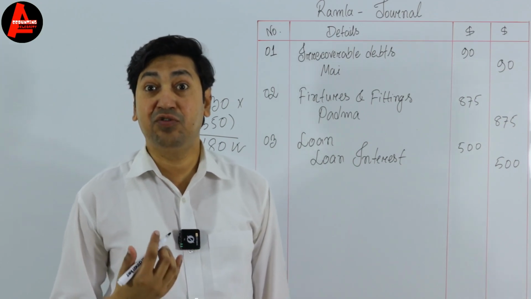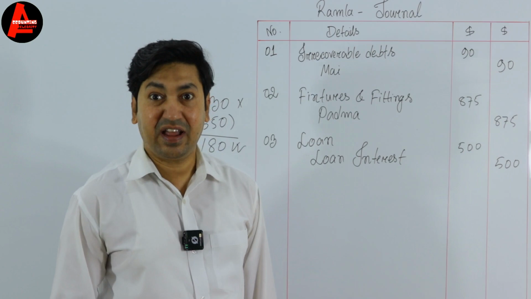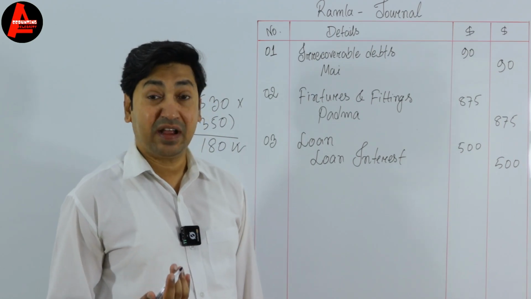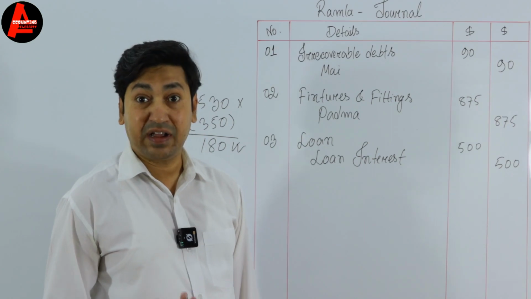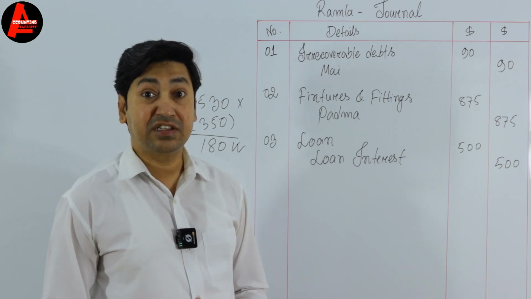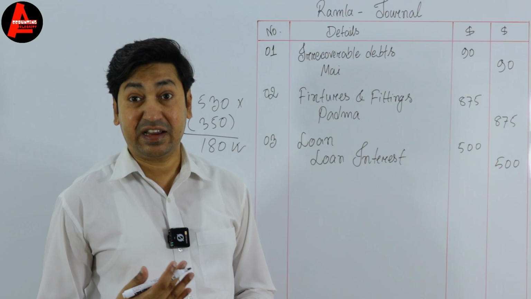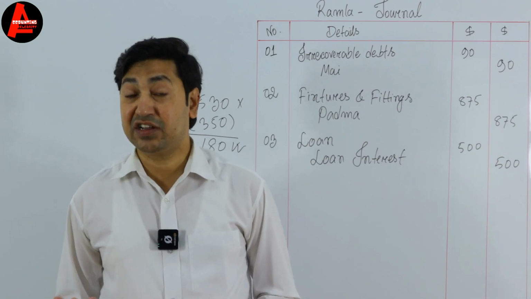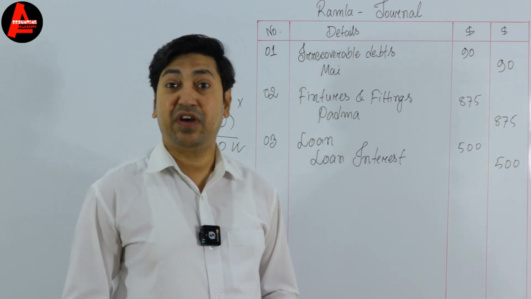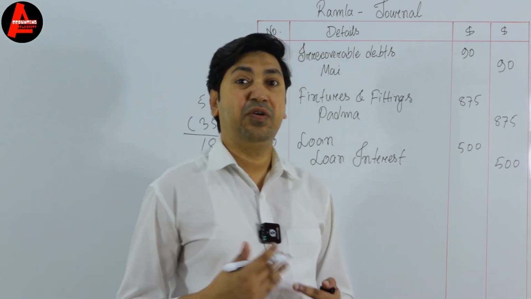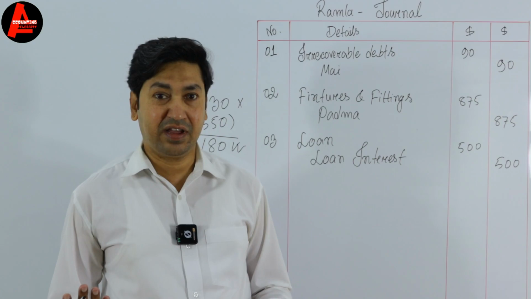So rent will be credited and cash or bank will be debited. Why cash or bank? Because how these transactions are made, in cash or by check or by bank transfer, is not mentioned here. So if you write cash, it is okay. If you write bank, it is also okay.